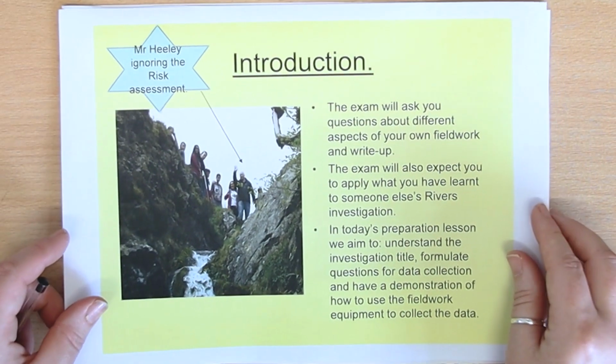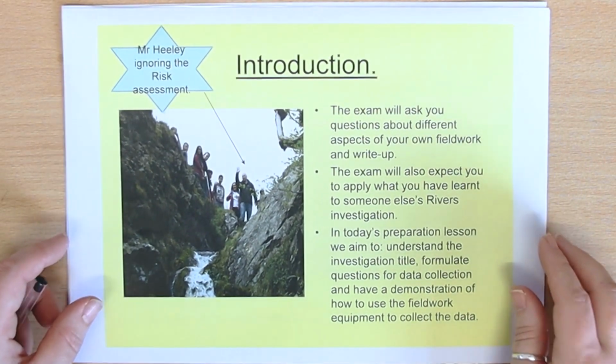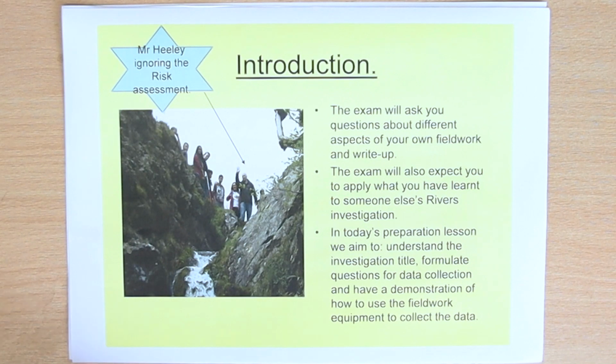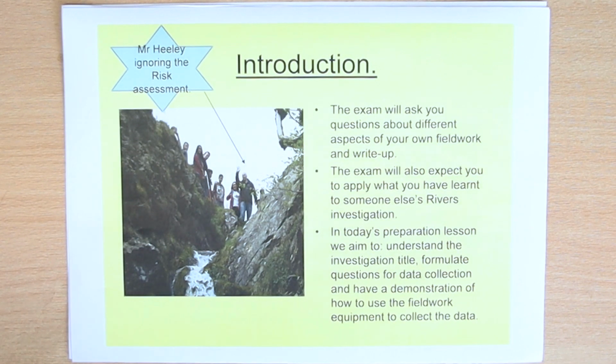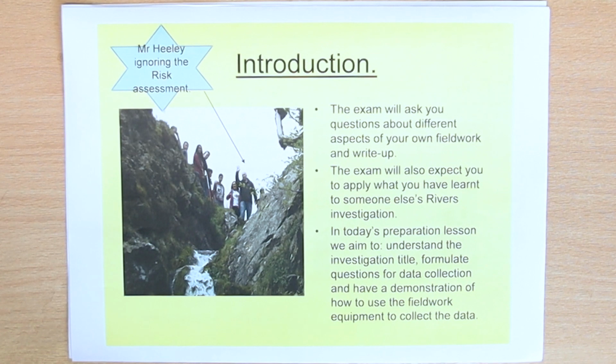The key thing to remember about the investigation is there's 2 main aspects to it. The exam will ask you about your own field work, so your own experience of rivers or urban. You'll be expected to know in quite a bit of detail and to be able to write about it.